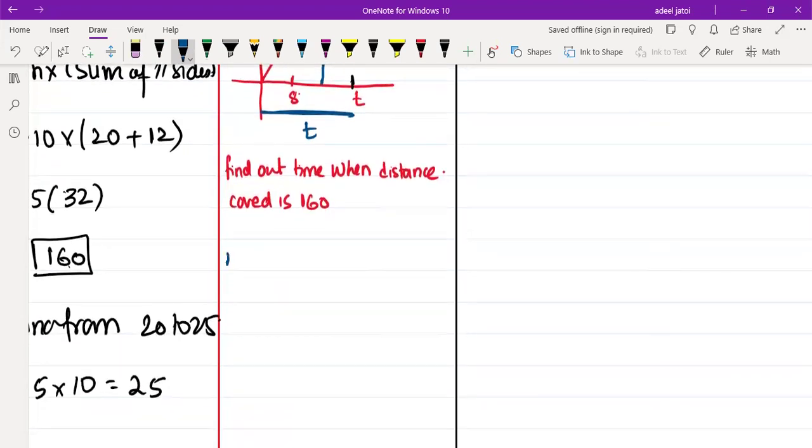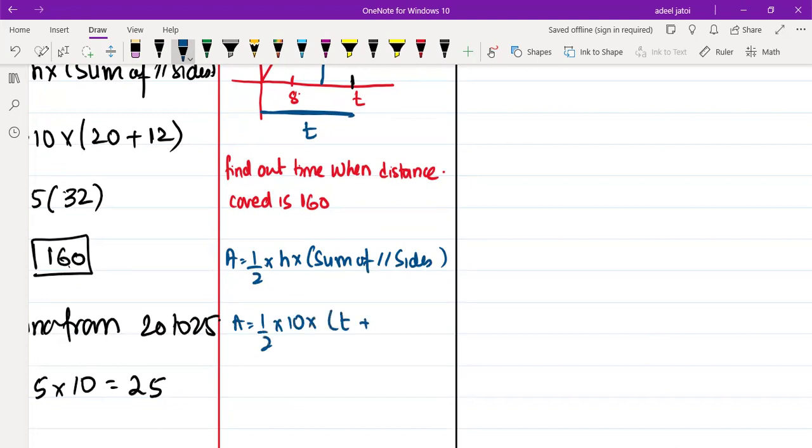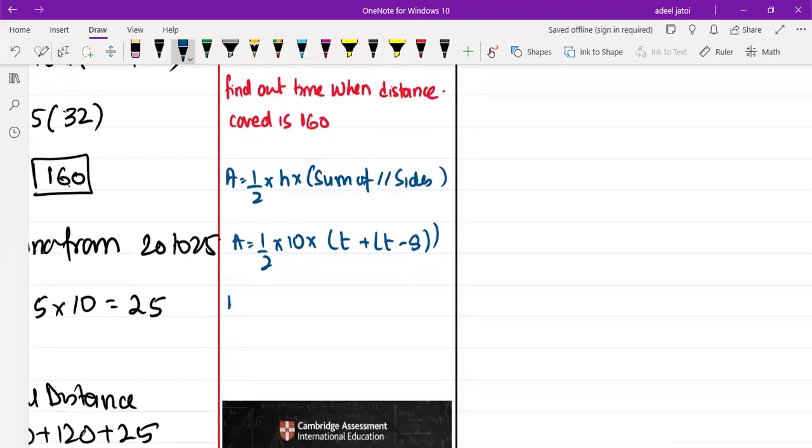So your area of trapezium formula is half into height into the sum of parallel sides. That means half into 10 into t plus t minus 8, and the area will be 160. 10 divided by 2 is 5, and this will be marked as 2t minus 8.